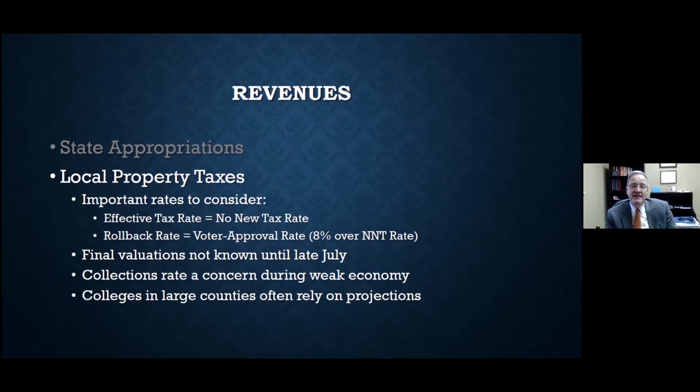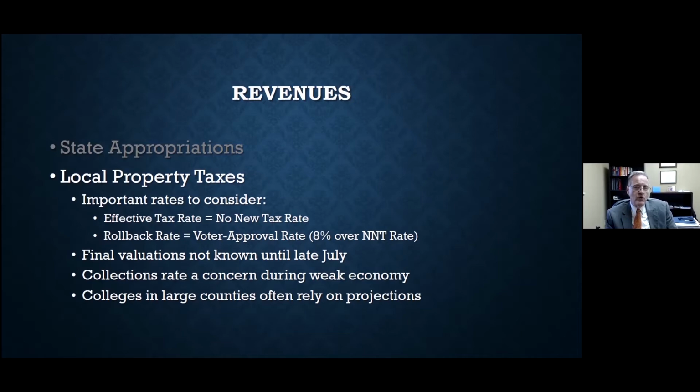And in some cases, even by late July, they don't have exact numbers because the sheer volume of protests that go on can delay the situation. So some large county college districts end up having to rely on projections in order to set their tax rate. So that's a concern for some of our schools.